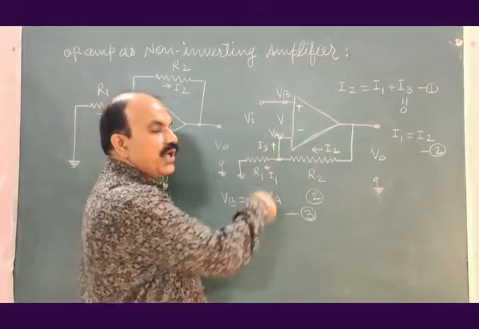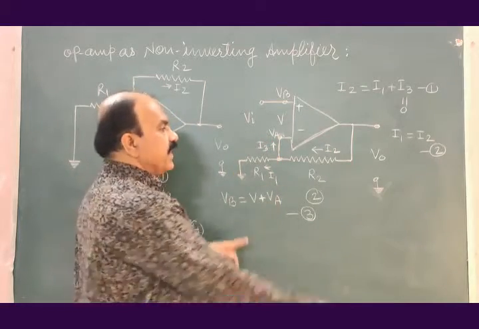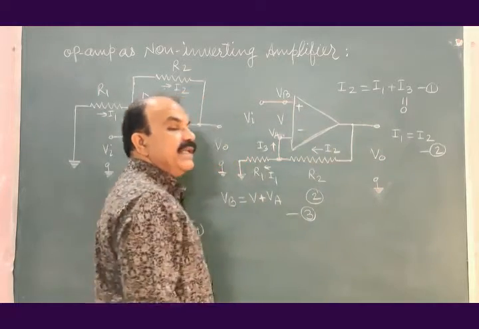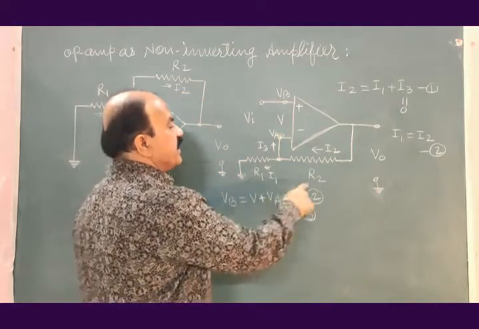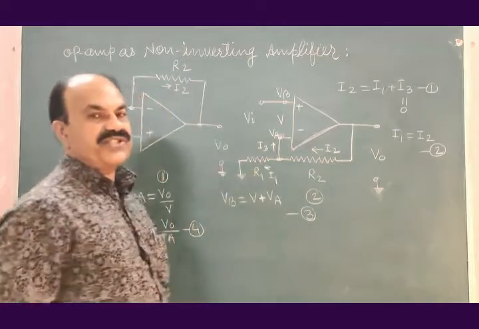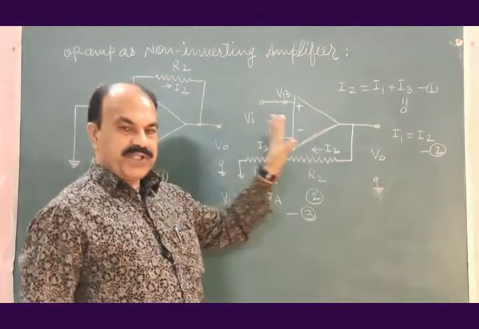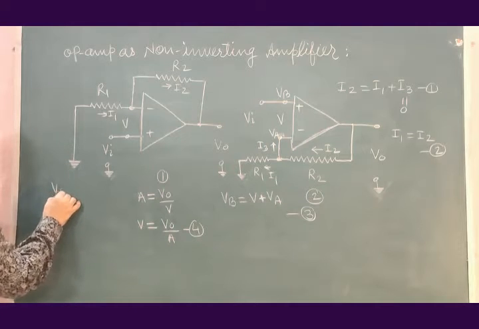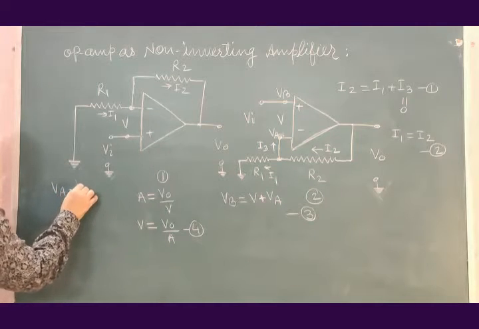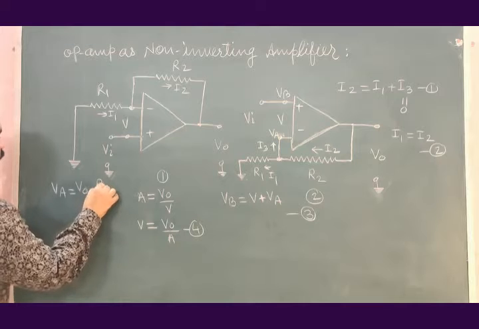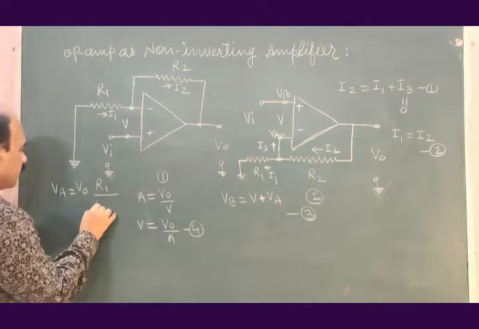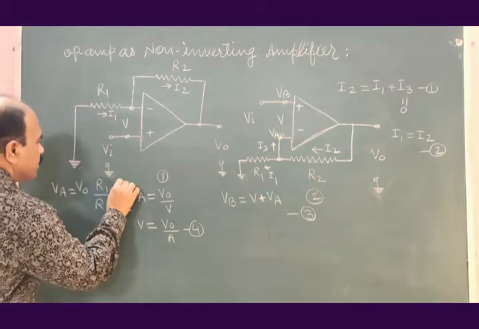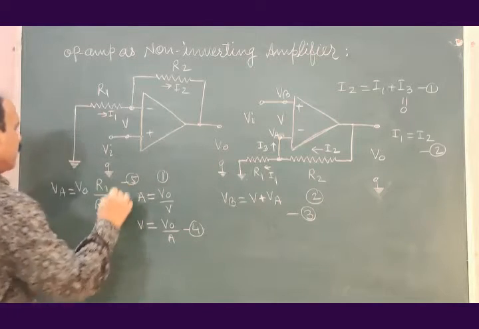How to take this Va? It is Vo multiplied by this resistance divided by the total resistance. So from the geometry of this figure, we can simply write Va is equal to Vo into R1 divided by R1 plus R2, equation number 5.